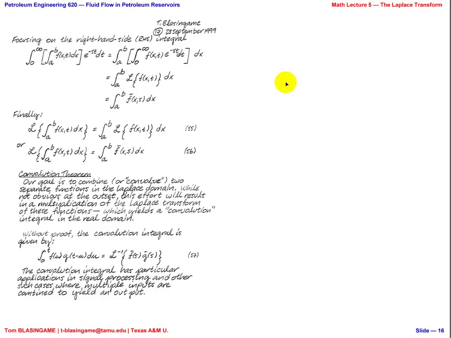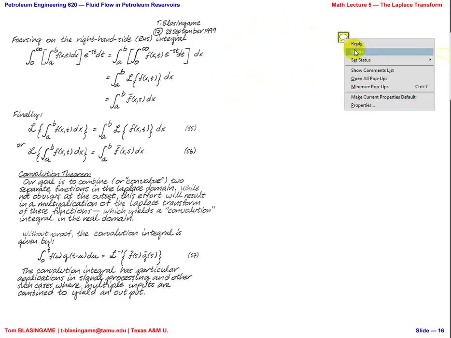When you're working with your solutions for radial, linear, or whatever geometry of flow you're dealing with, you're going to be dealing with constant pressure and another with constant flow rate.